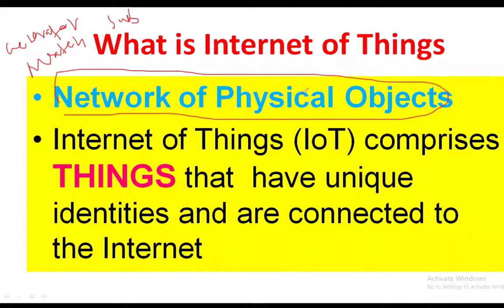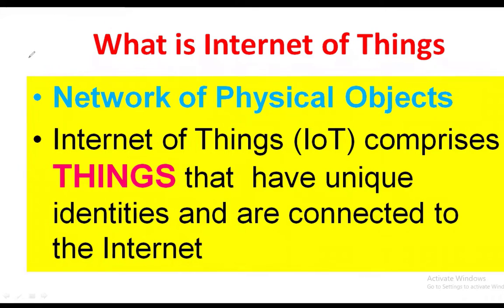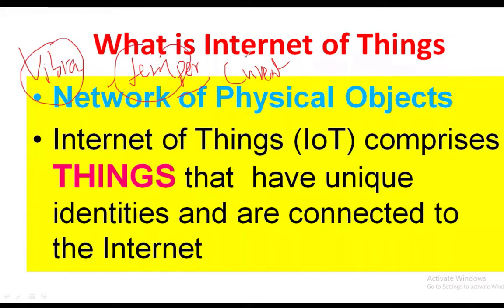Let us take a simple example. Suppose you have a vibration sensor, a temperature sensor, and a current sensor. How do we design an IoT device to gather all these three parameters?